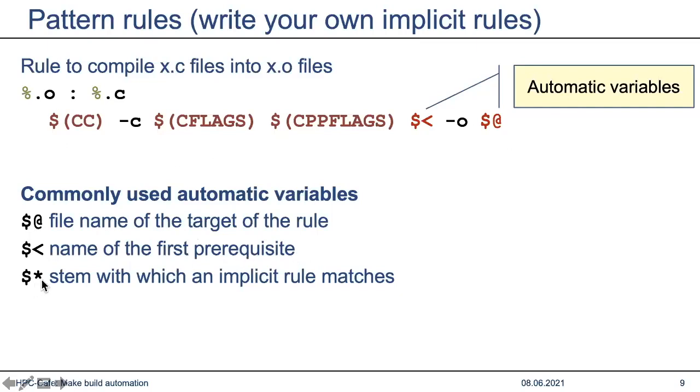And finally, $*, it's not used here, but we will use it in the template makefile, is just the stem with which an implicit rule matches. So with which the pattern rule matches. So just the stem. This means just this part. Just this pattern. And this is what I most commonly use. In rare cases, there are more of them. And again, it's documented. You can look it up in the documentation.